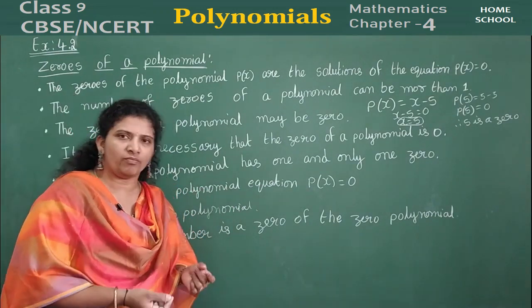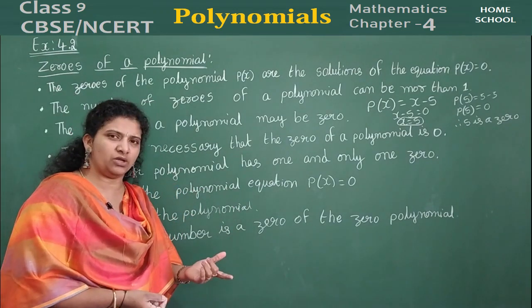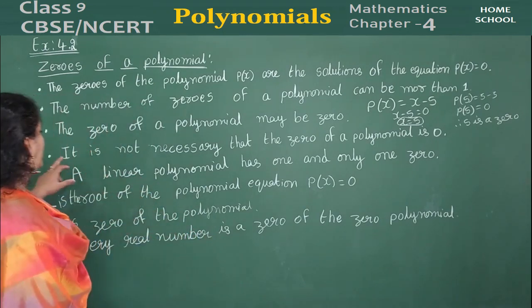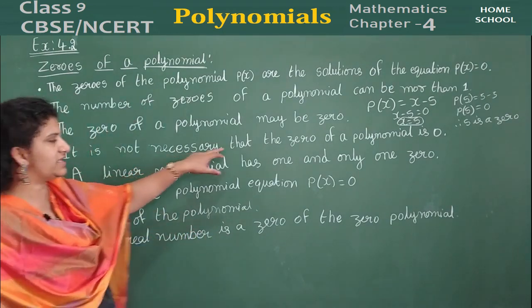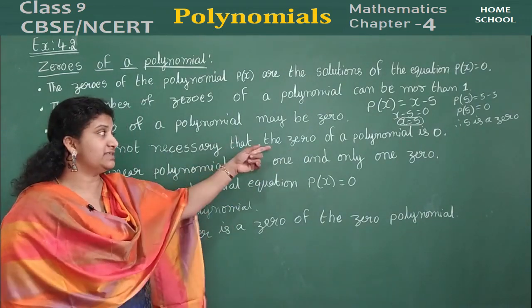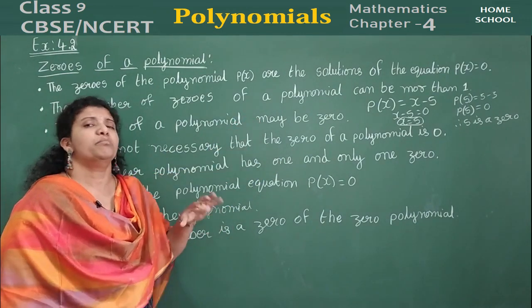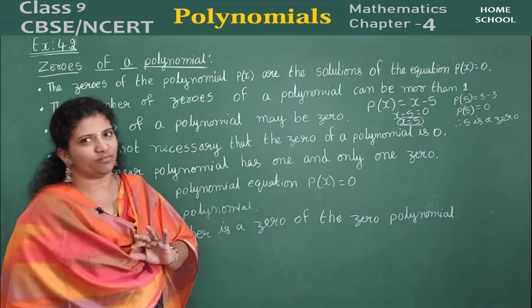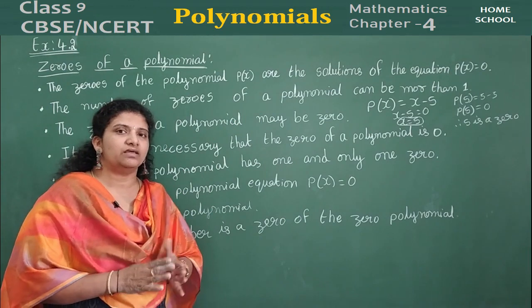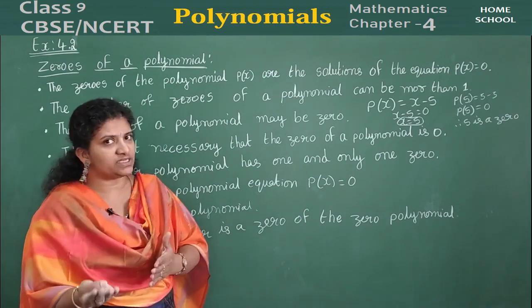The zero of a polynomial may be 0 or sometimes may be any other number. It is not necessary that the zero of a polynomial is 0. That is the reason I have written here may be 0, may not be 0. Zero of a polynomial means p of x is becoming 0.